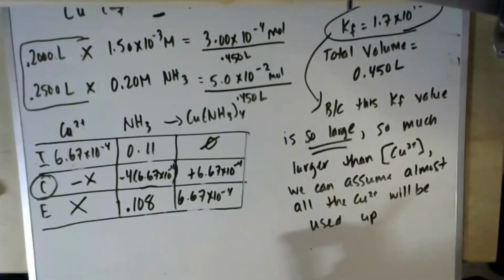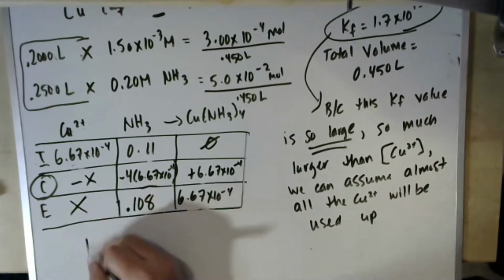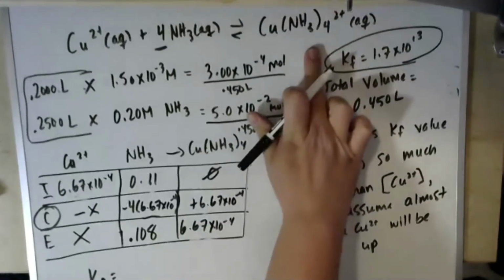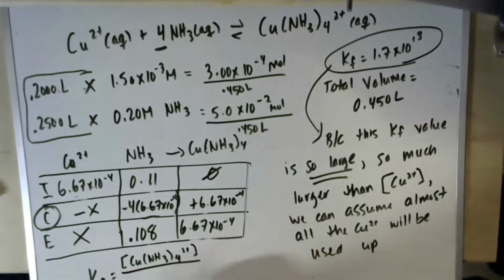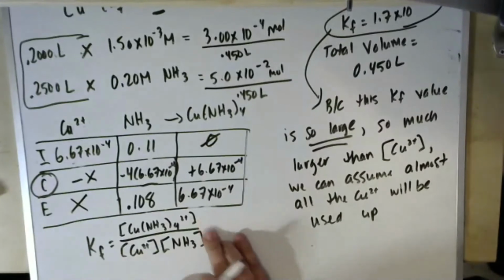So now we're going to use our Kf expression and we're going to figure out what the equilibrium concentration of copper is, this tiny, tiny amount of copper that's left. Because you know that Kf is going to be equal to the concentration of our complex ion divided by the concentration of copper times the concentration of NH3 raised to the 4th power.